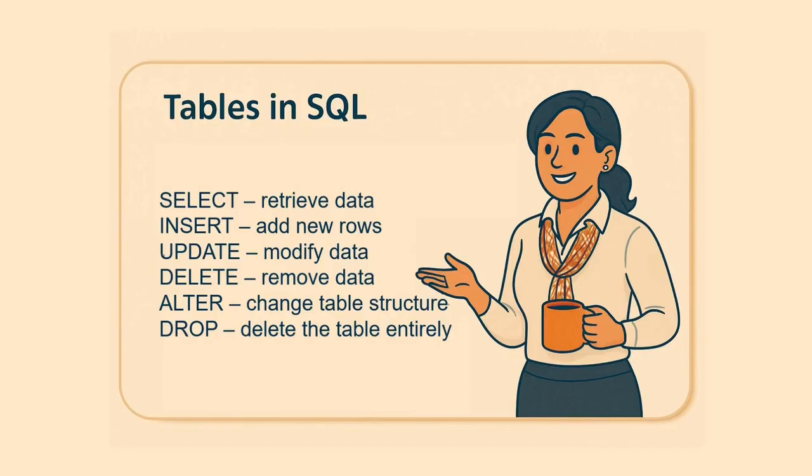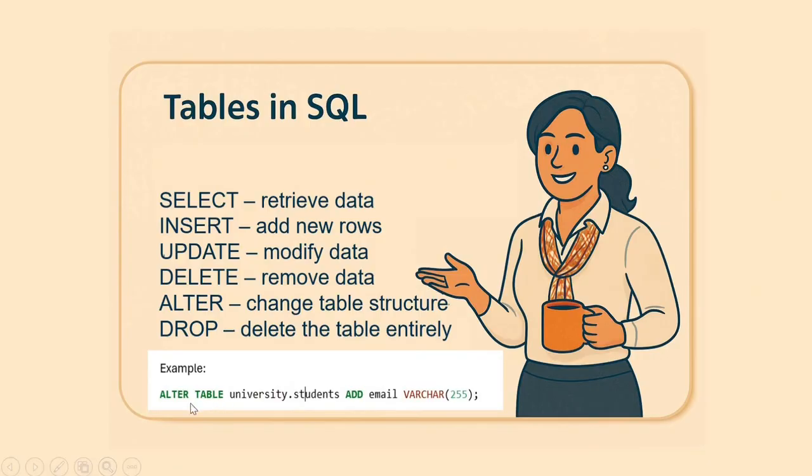Drop to delete the whole table. And if you remember, for the databases, I told you don't use this statement before being sure that you will delete the table, because we cannot undo this operation. Okay?